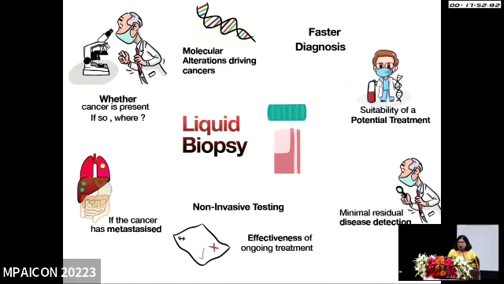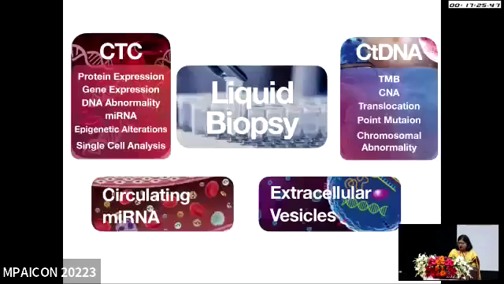But now with liquid biopsies, we can also identify and type the organ, type the cancer, and of course the molecular alterations driving cancer, which might offer therapeutic targets, suitability of a potential treatment, identifying molecular residual disease, effectiveness of ongoing treatment, and also finding resistance mutations. It also helps when the cancer has metastasized, and we'll be discussing temporal and spatial heterogeneity.